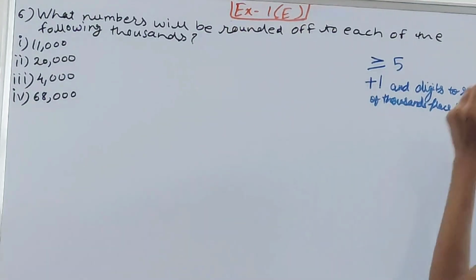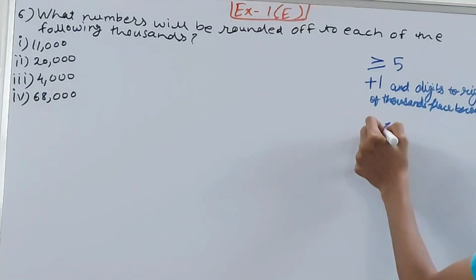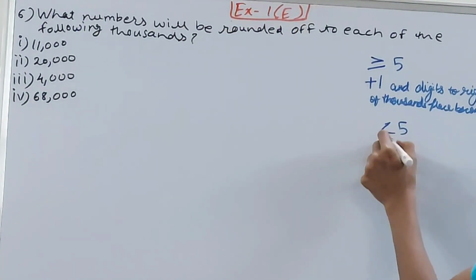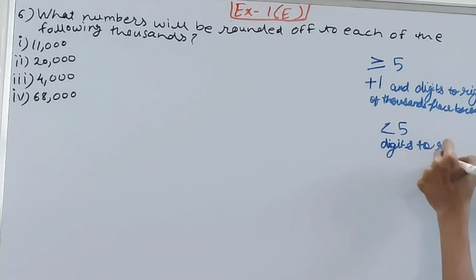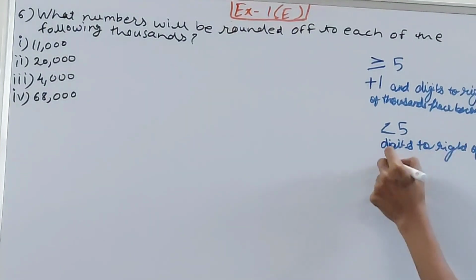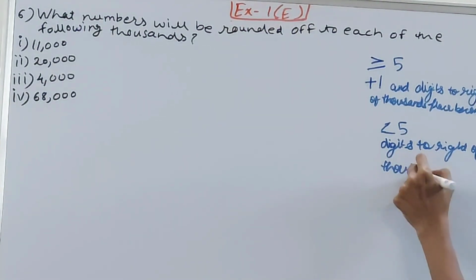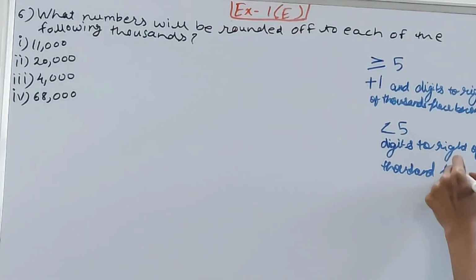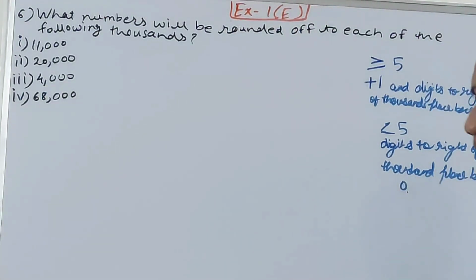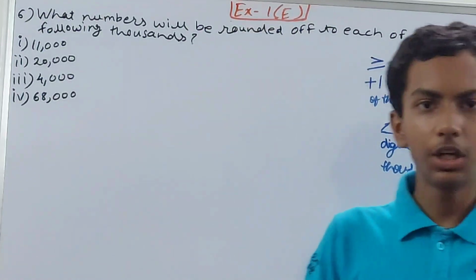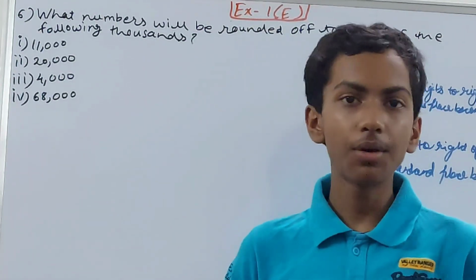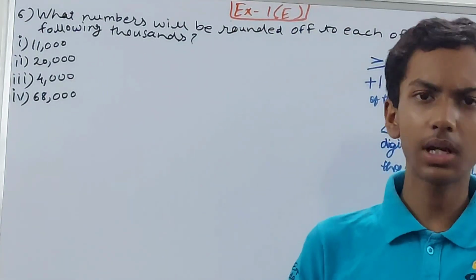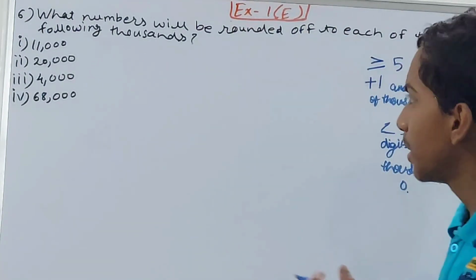So this is the rule, and if it is less than 5, then simply the digits to the right of the thousand place become 0. Now if I have a number given to me and I have to tell what I will get on rounding it off to the nearest thousand, I will look at the digit at the hundreds place. Same here also.